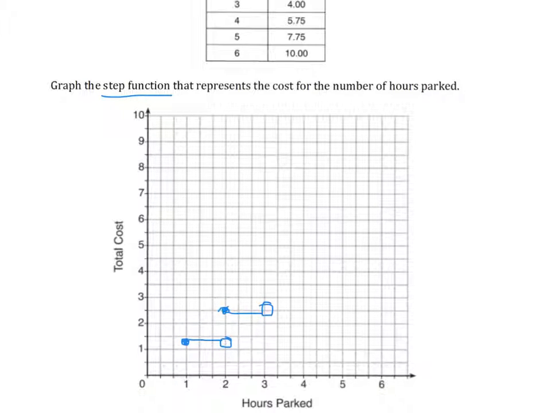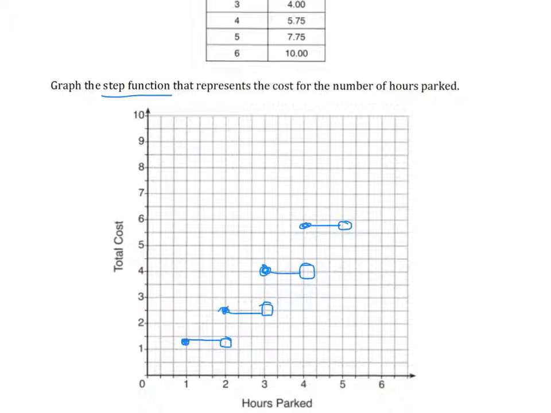And then we're going to go to 3 to 4, closed dot. 4 is at 5.75. Nope. We're going to put an open dot at 4 and draw a line, and then go up to 5.75. Closed dot. Go over to 5, up to 5.75, open dot, draw a line.